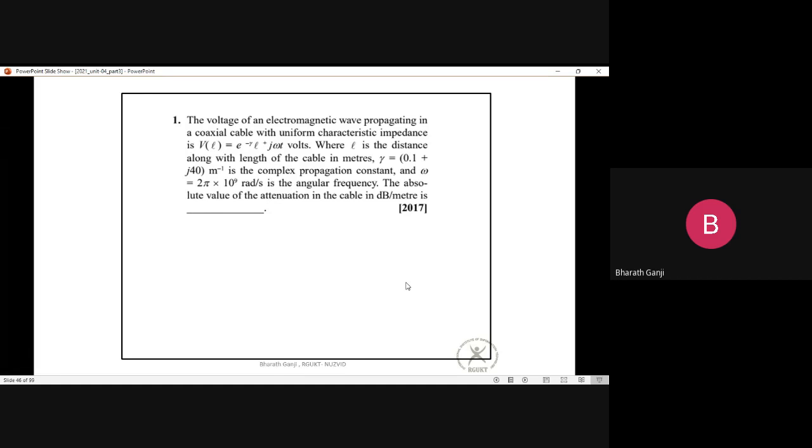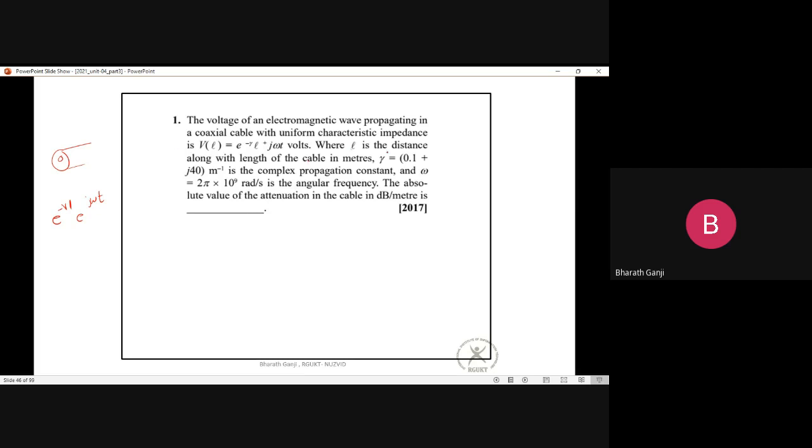The voltage of an electromagnetic wave propagating in a coaxial cable, which is kind of like a transmission line, a two-wire cable, with a uniform characteristic impedance, is given on the line as something like e power minus gamma L into e power j omega t.